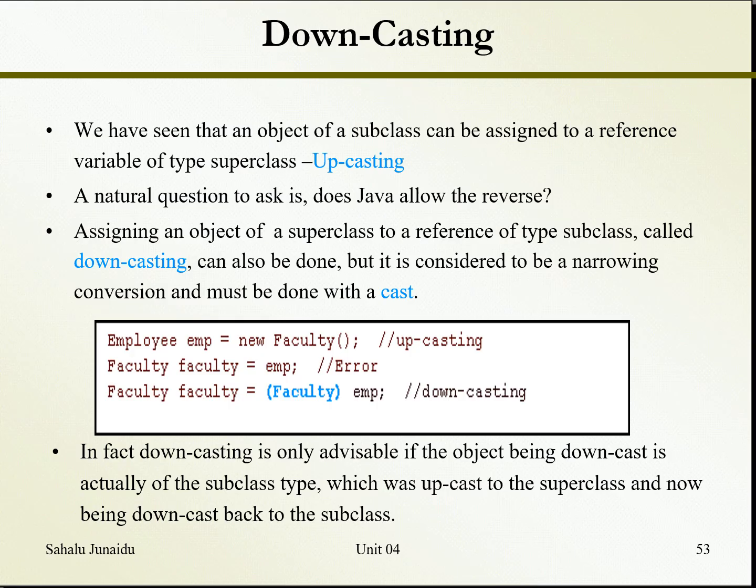Faculty is assigned to a reference of type employee. Is it possible now to reverse it back, to say this is an employee, this is a faculty, which is a subclass, and bring the superclass type and assign to this? We say no, this will lead to an error. The way to handle that is by wrapping the name of the class, so that the left and the right hand side have the same type, faculty, faculty. That way.